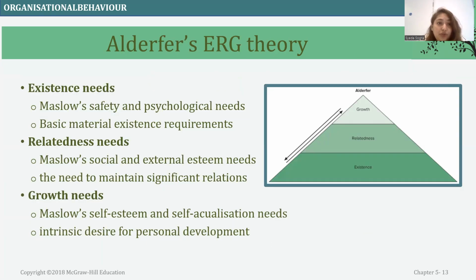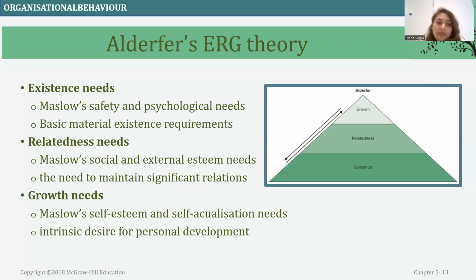Alderfer's ERG theory is kind of a blend of Maslow's hierarchy of needs. This starts with existence, relatedness, and growth. When we talk about existence, this is kind of matching Maslow's physiological needs. This is more like the basic material existence required.